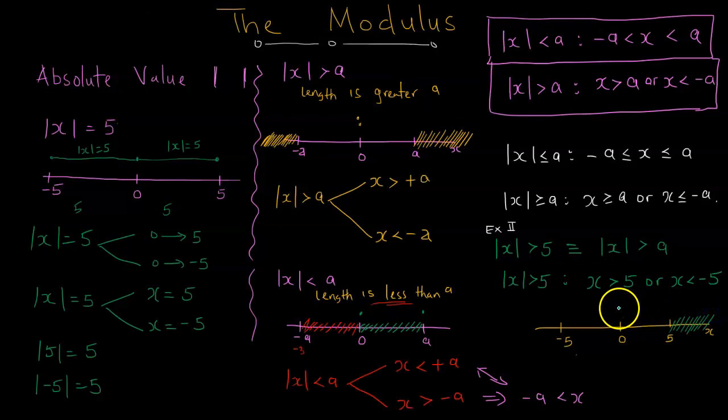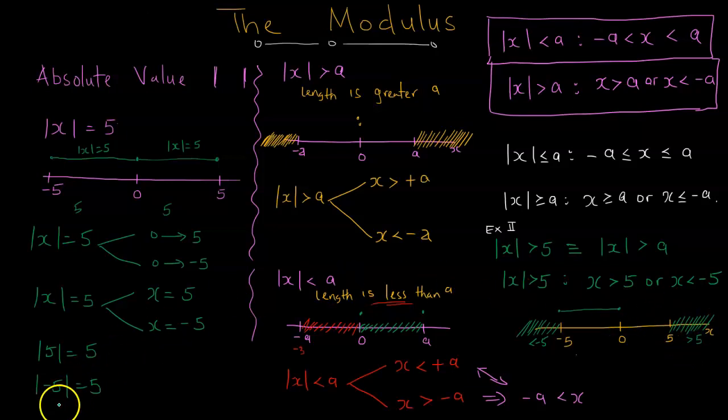And if we have our ruler here, this is 5, this is going to be a length of 5. All of the numbers left of negative 5 would also give a measure that's greater than 5. So we can see that the numbers here are all less than negative 5, and the numbers to the right of 5 are all greater than 5.